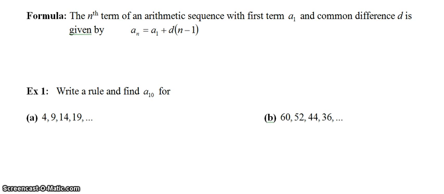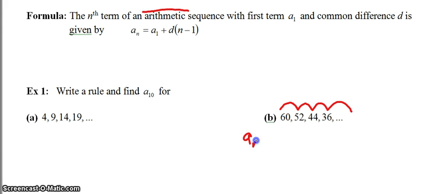And this formula will work only if we have an arithmetic sequence and if we have a common difference. So let's take a look at a sequence where it's going down. How would that work? Again, let me suggest that you copy the formula down and then simply substitute in what we see. In this case, let's say we want the 10th term.